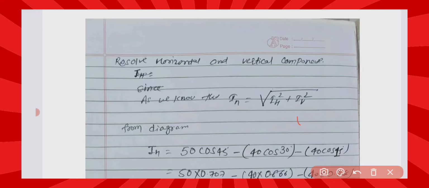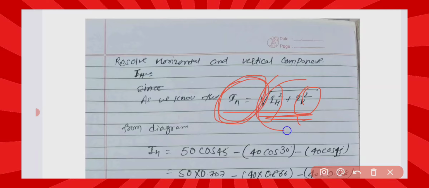For that we will use this formula. Here you can see the current in horizontal direction and vertical direction: the square root of the summation of squares. We calculate these first and then take the square root, and that is the resultant current. That is the current flowing in the neutral wire.